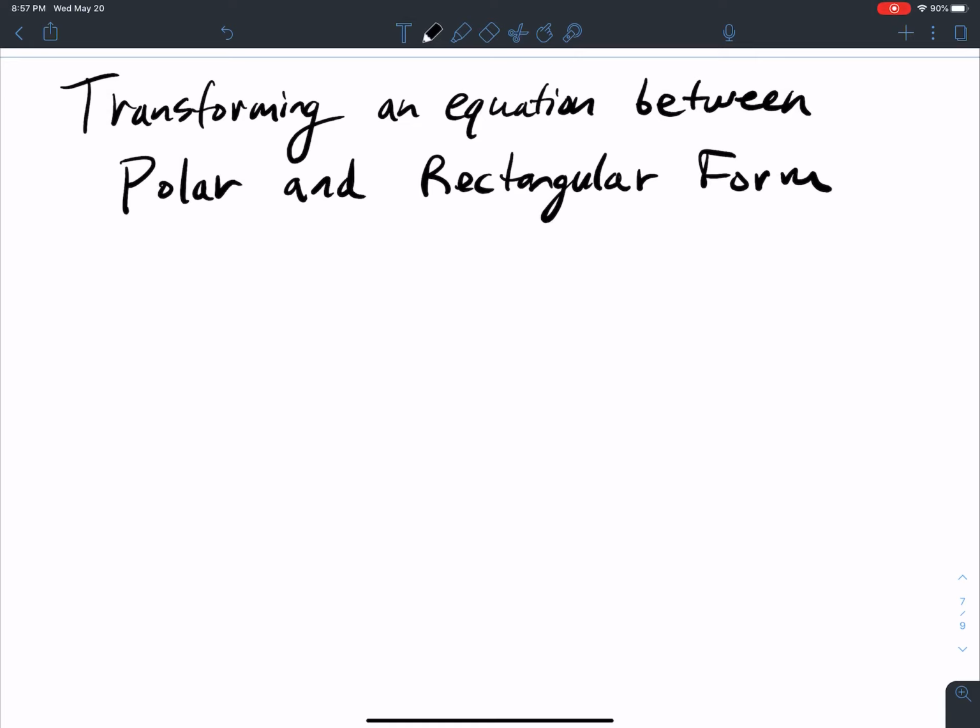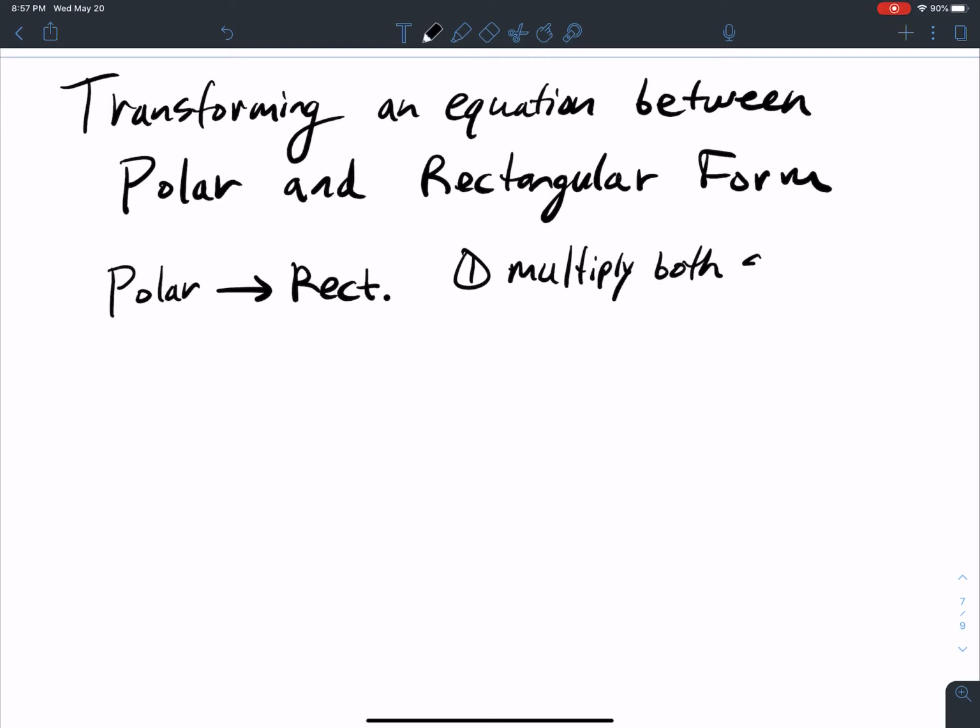So two common techniques for transforming equations from polar form to rectangular form: we multiply both sides of the equation by r.